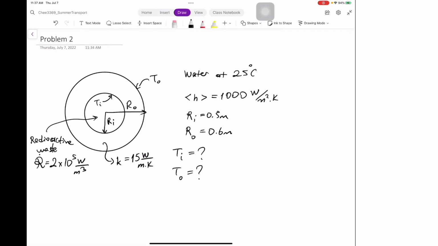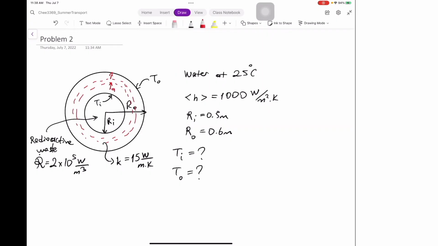Okay, so let's calculate the in and out temperature. So what are we going to do? We're going to do a shell balance, right? We're going to pick a shell. Q in, Q out.